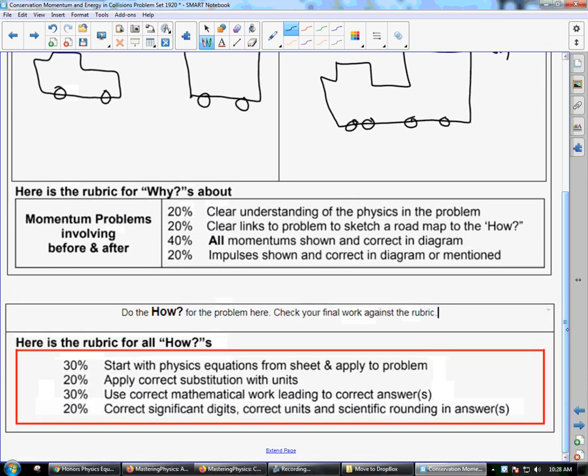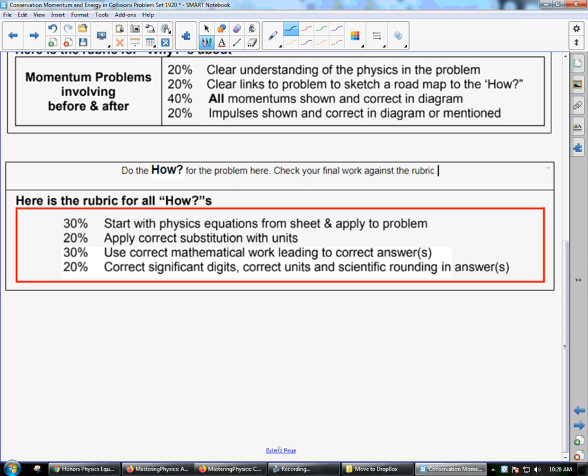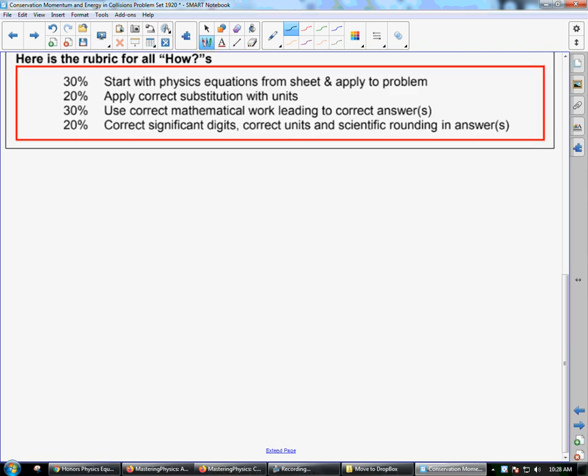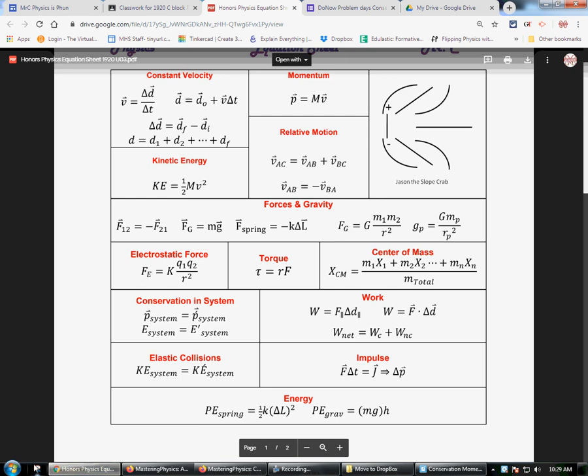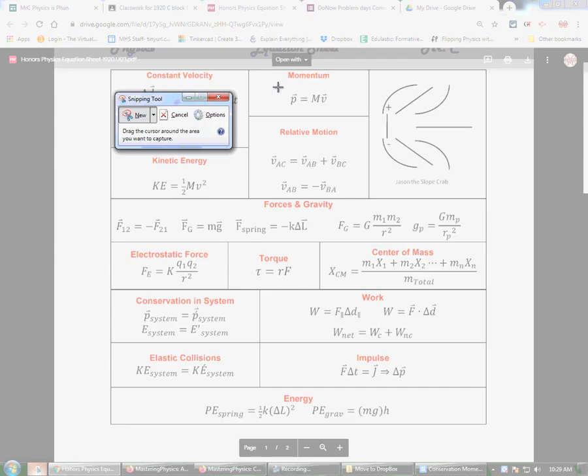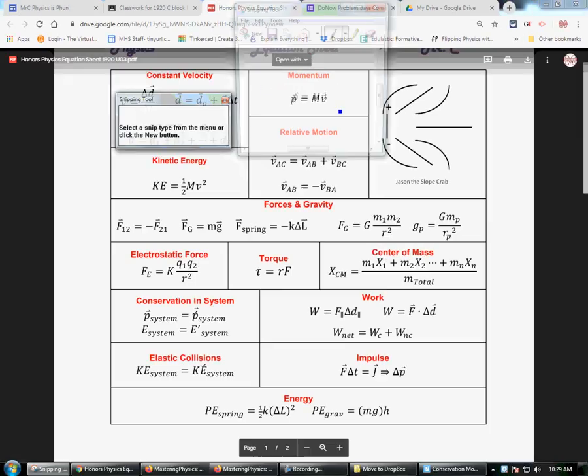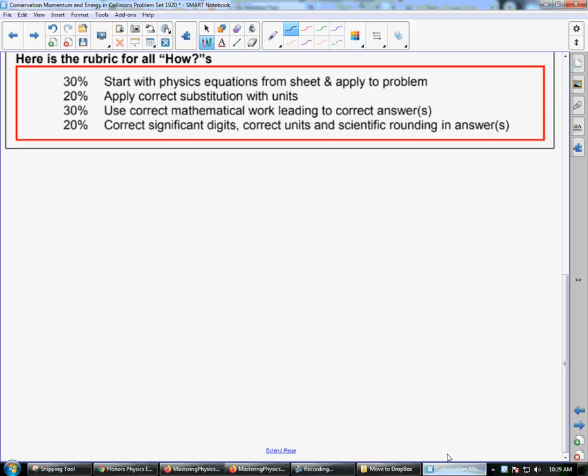So, the diagram actually leads me to the beginning of my problem. I know I'm going to need momentum in here, so I might as well run out to my equation sheet and grab my momentum equation, which is right back here in Unit 1. So we'll then paste that in.